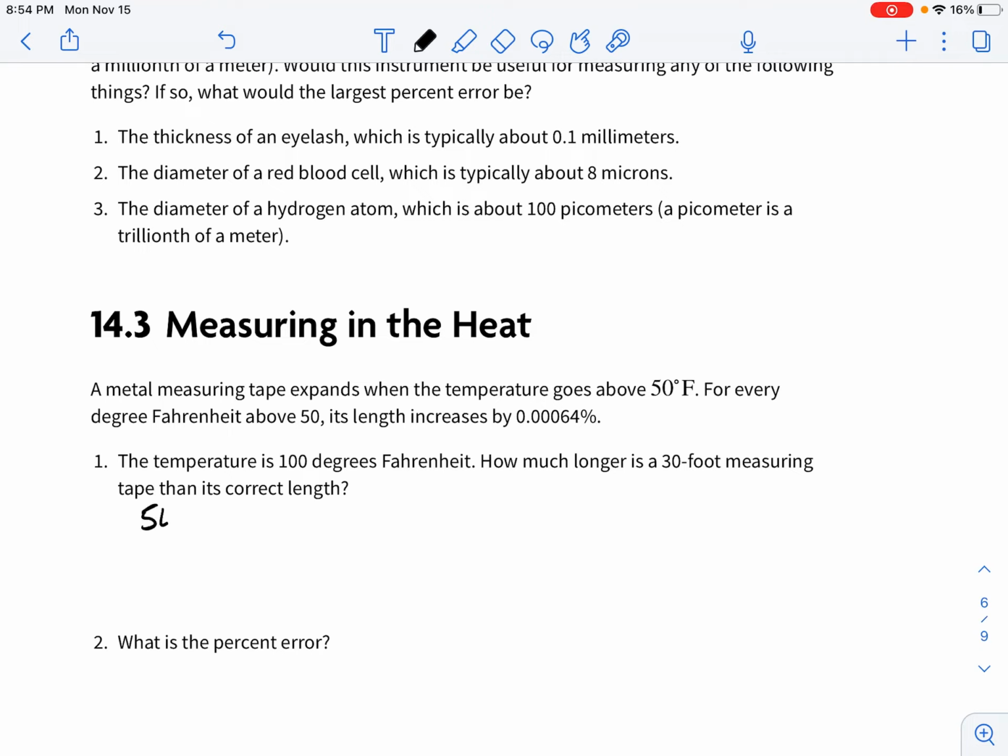So there are 50 degrees above 50. So we're going to multiply that by our 0.00064. Okay, that's going to give us, and this is in percent, we're going to have to multiply it by, or divide it by 100, or move the decimal over 2 to the left when we get ready to multiply the actual value.